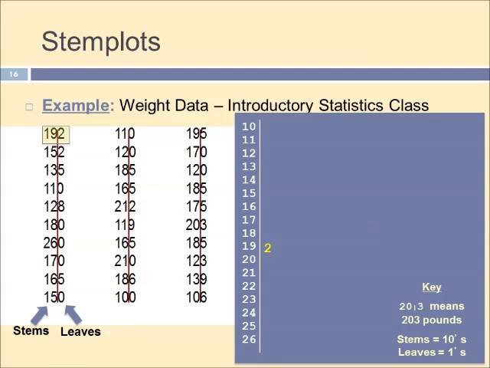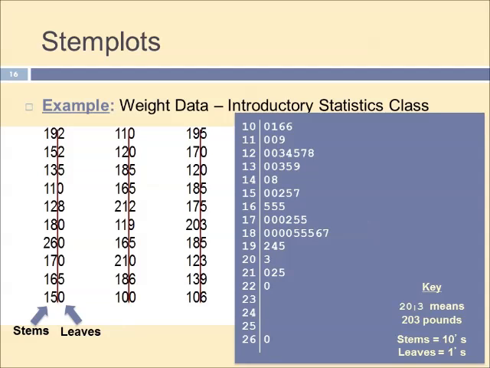So we start with each number. In this case, 192. The 2 then is the units that goes into the row with 19. For 152, the 2 goes into the row with 15. 135, the 5 goes in the row with 13. And we just fill in the rest of the numbers by going through the whole list.